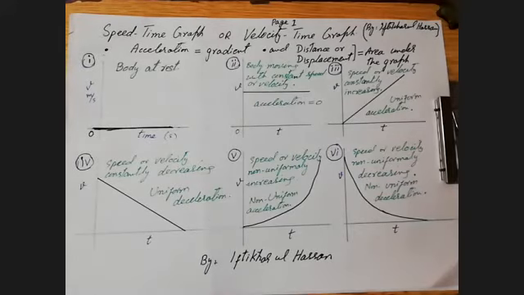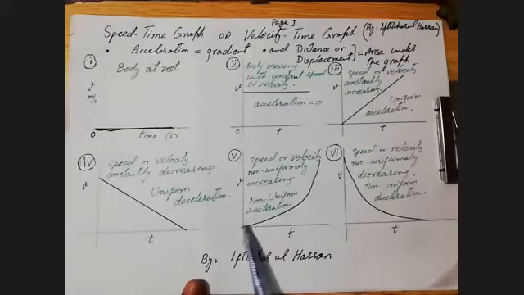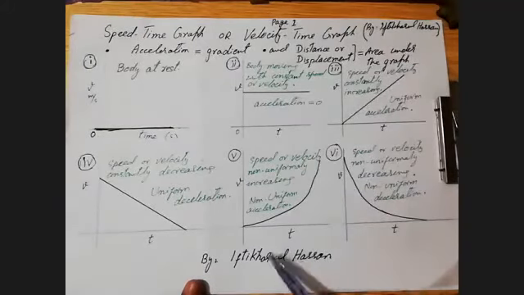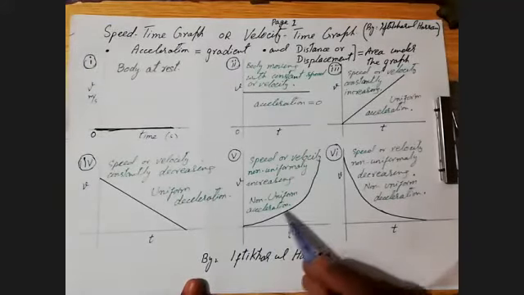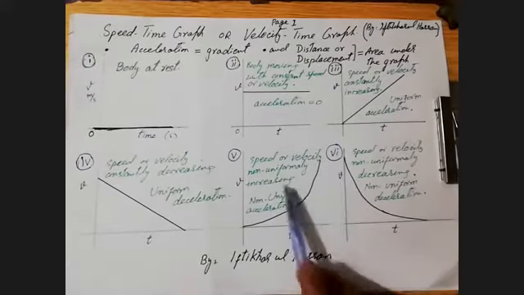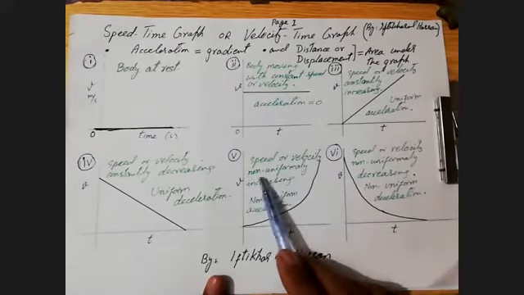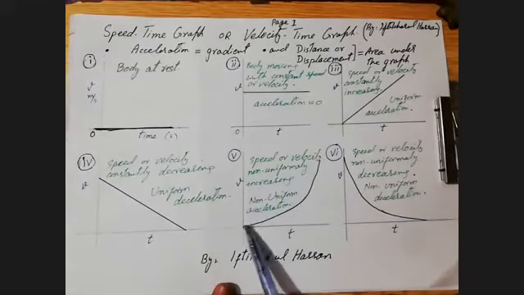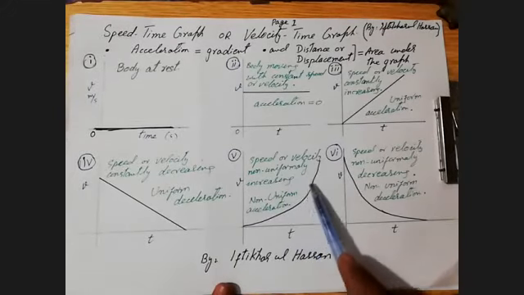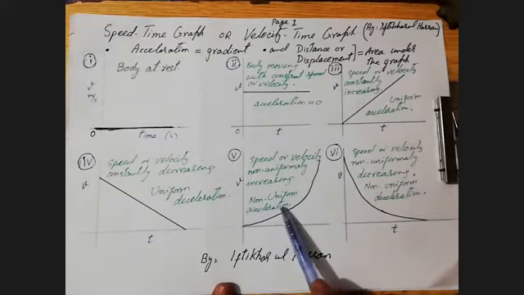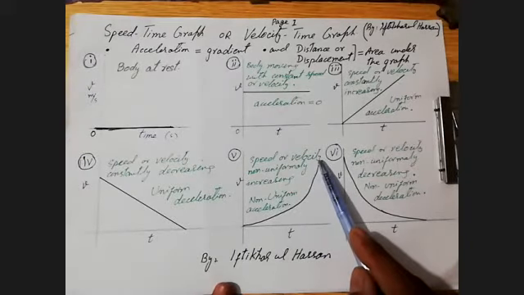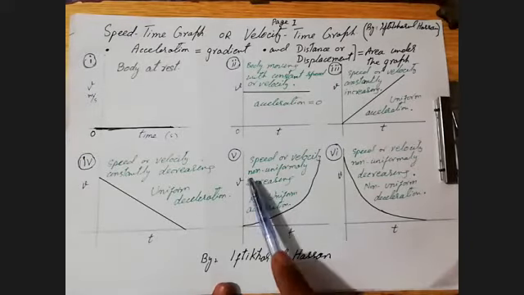Now there is a fifth point. This curve is showing this. If this curve is smooth, then it will show that the speed or velocity is non-uniformly increasing. This curve is going in the upward direction, so it is an increasing trend in the velocity, but a non-uniform increase.